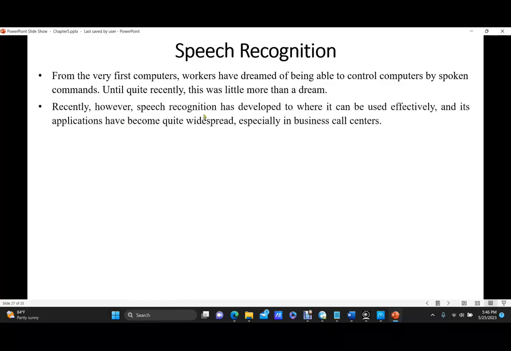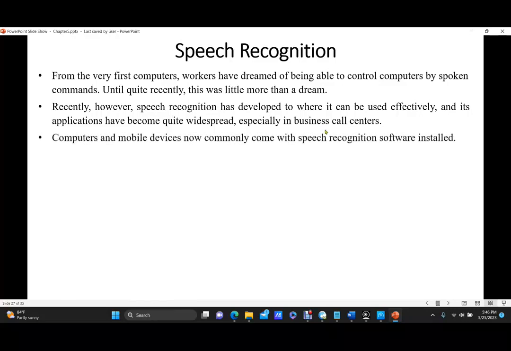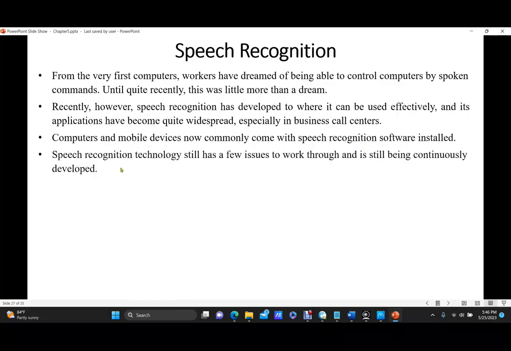Recently, however, speech recognition has developed to the point where it can be used effectively, and its applications are becoming quite widespread, especially in business call centers. Computers and mobile devices now commonly come with speech recognition software installed. Speech recognition technology still has a few issues, and it's still in the process of development.